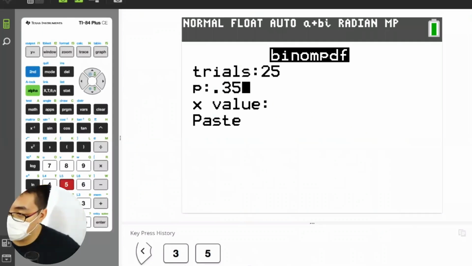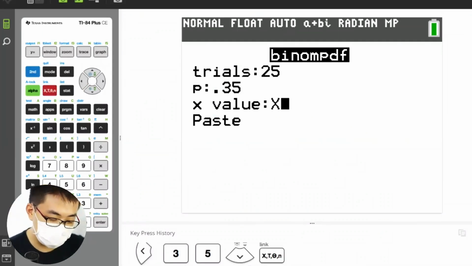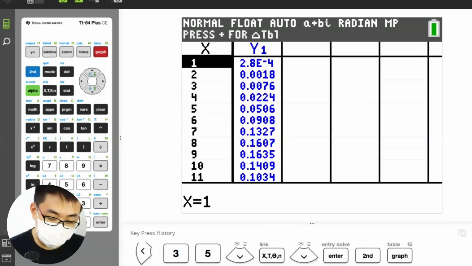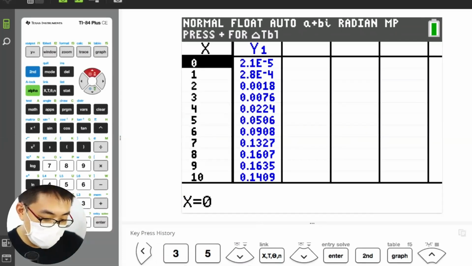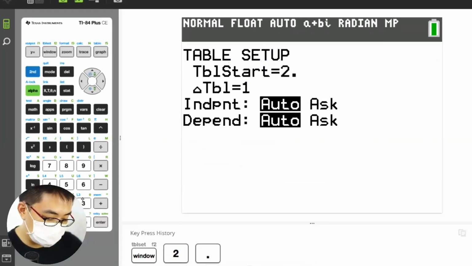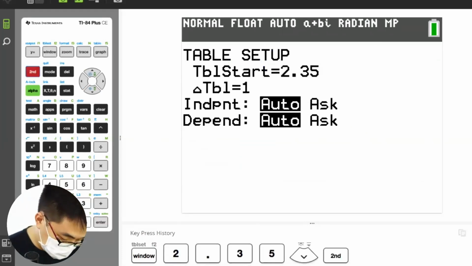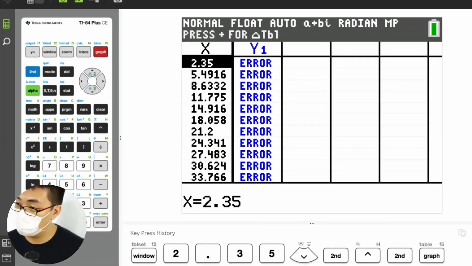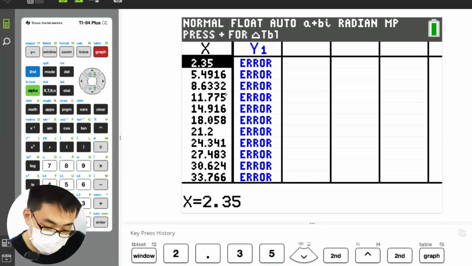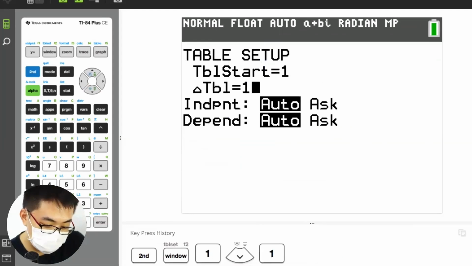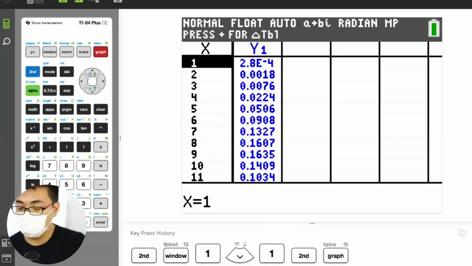X value here, you put X. What you're doing here is calculating each class, to see which class gives you the highest probability. Now if your table starts with gibberish and you do not know what's going on, go to table set, press 1 and 1, or just zoom standard. You get this graph here.